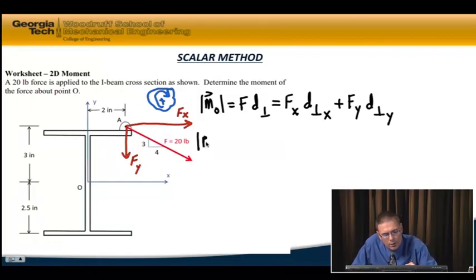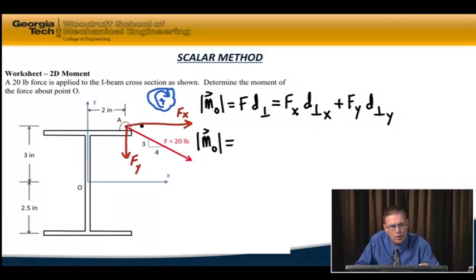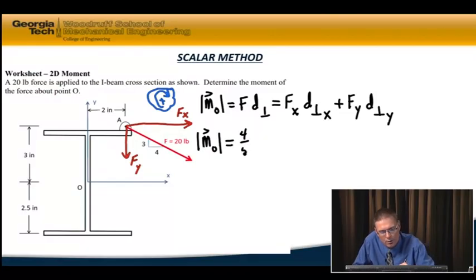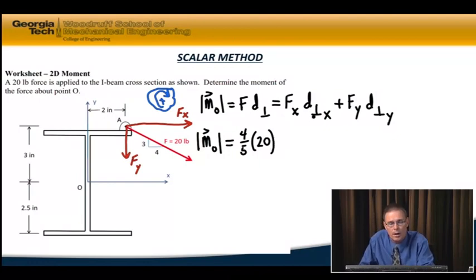So I got the magnitude of the moment about O is equal to f of x. Well, the magnitude of f of x by similar triangles corresponds to the 4/5 component of f, or 4/5 times 20. And then we have to find the perpendicular distance from the line of action of the f sub x force to the point about which we're rotating.